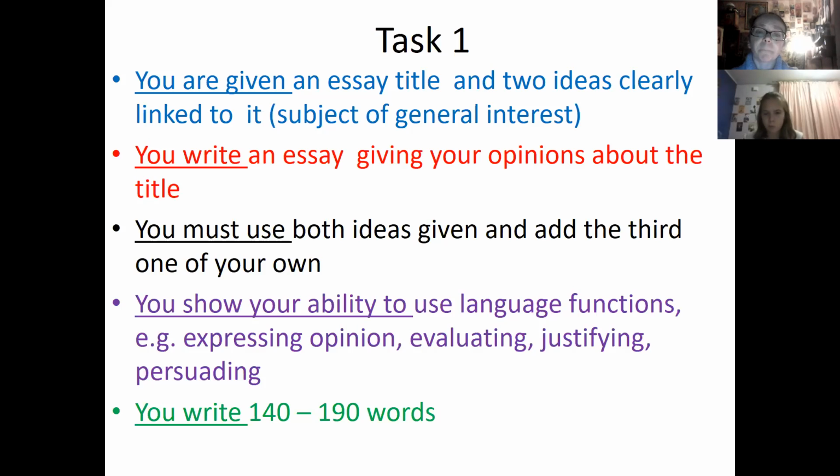So you write about 130 to 190 words, but unlike Russian exams, no one counts the number of words. No one checks that you've got precisely 190. If you've got 191, you're not punished. No, no, no. This is just for you to be aware of approximately how many words are usually needed to complete the task successfully.